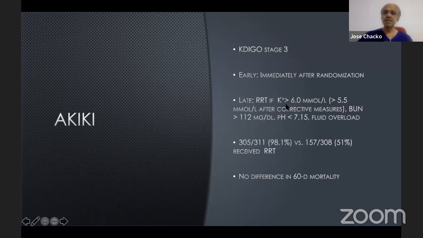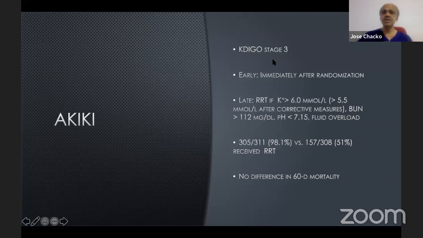These criteria were potassium of more than 6 millimoles per liter. Of course, you would do dialysis in most of your patients with such a high level of potassium. A BUN level of more than 112 milligrams per deciliter, and significant metabolic acidosis as evidenced by a pH of less than 7.15, and fluid overload. So that was the indication for late renal replacement therapy.